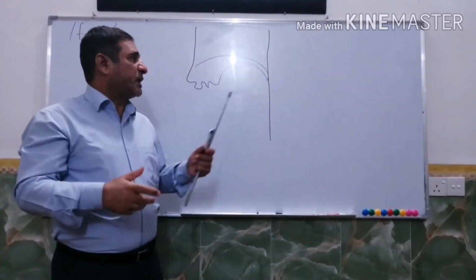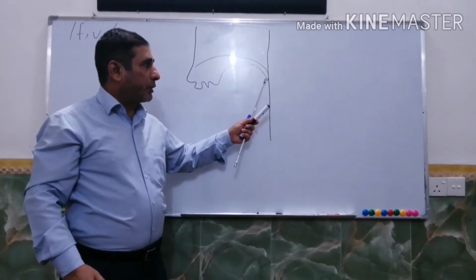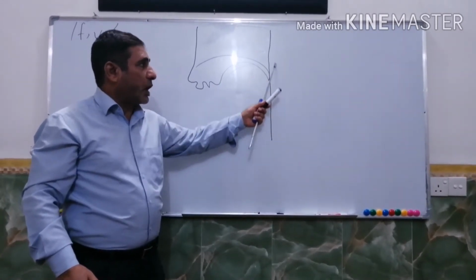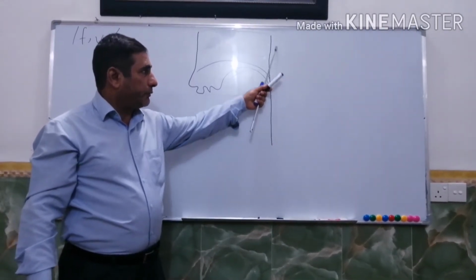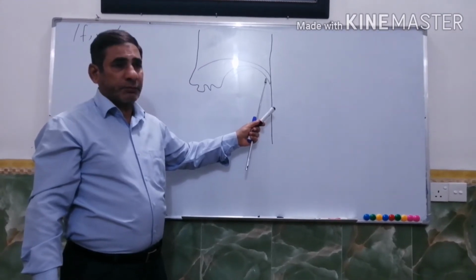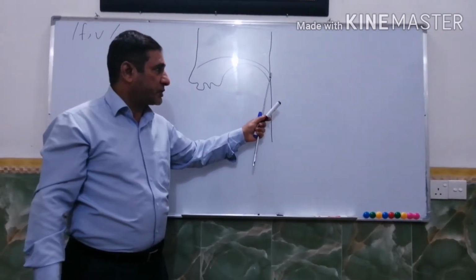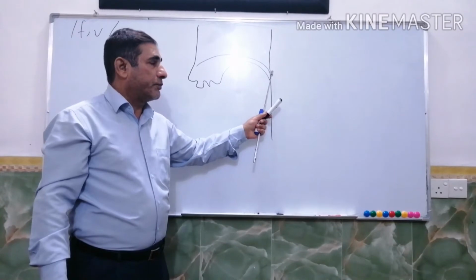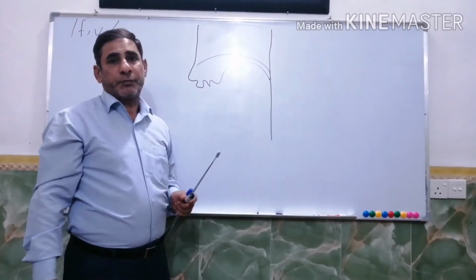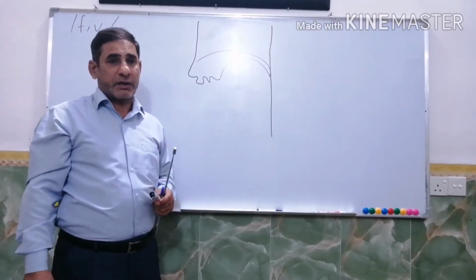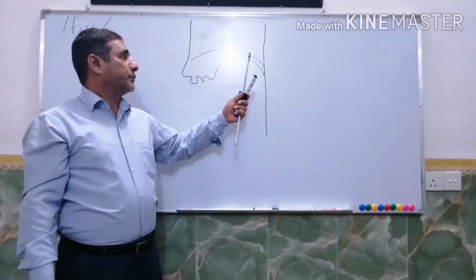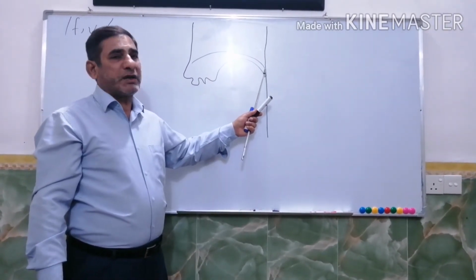When it is raised, it touches the wall of the pharynx. This is the wall, جدار البلعوم. Now here, the soft palate is raised. So we can say that the first point is that the soft palate is raised.